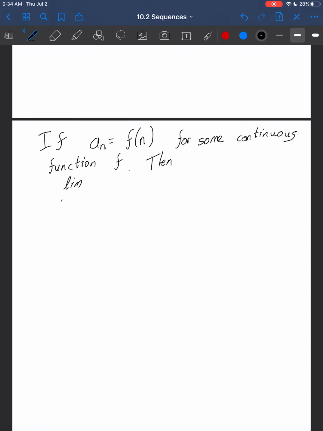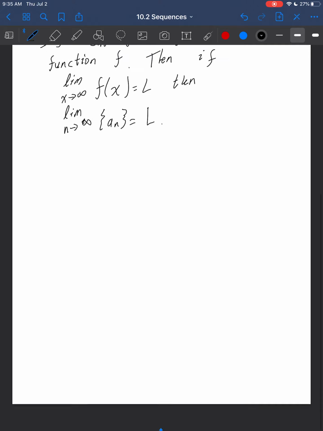Then we need the limit as x goes to infinity of f of x to equal L. So if the limit of this function exists, then the limit as n goes to infinity of a sub n equals L.